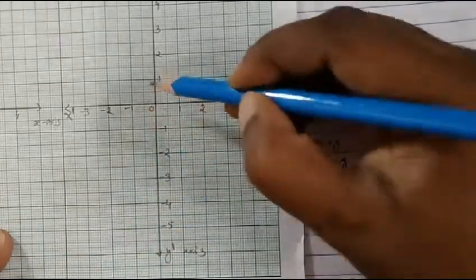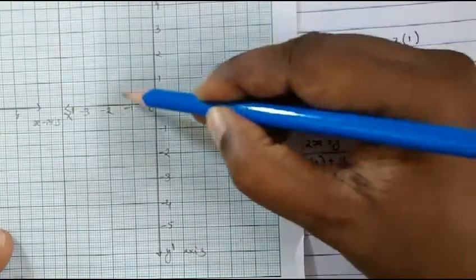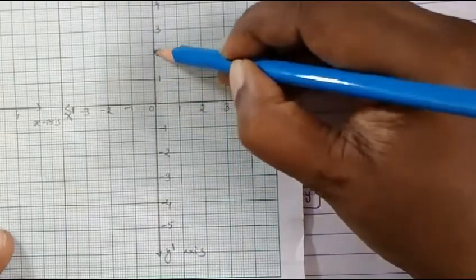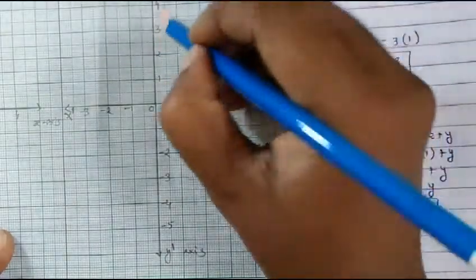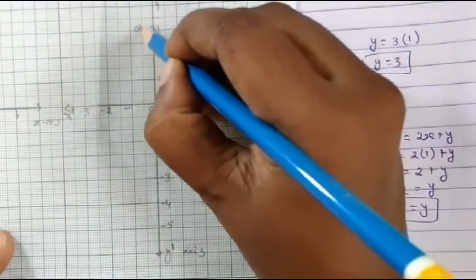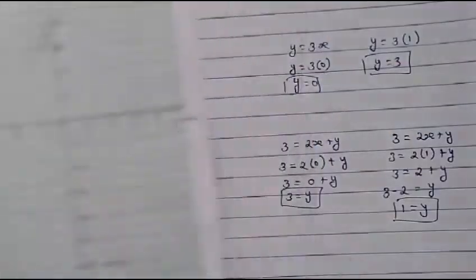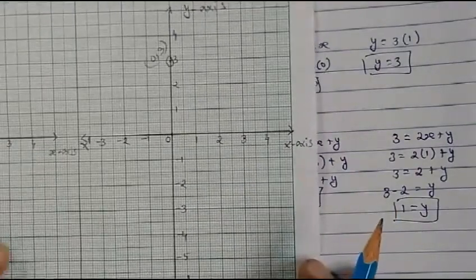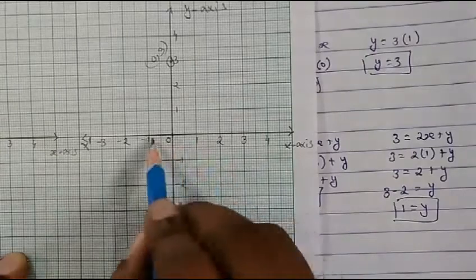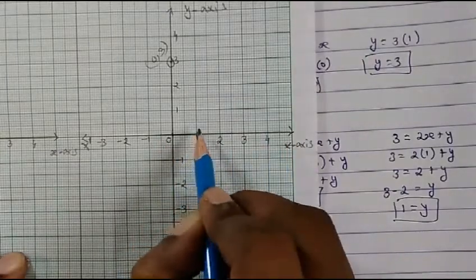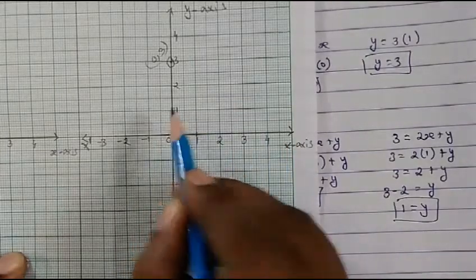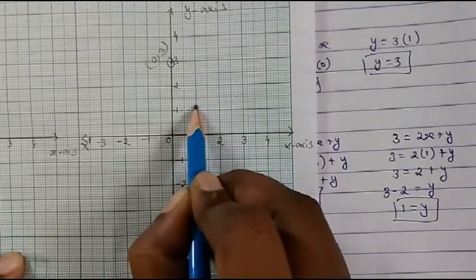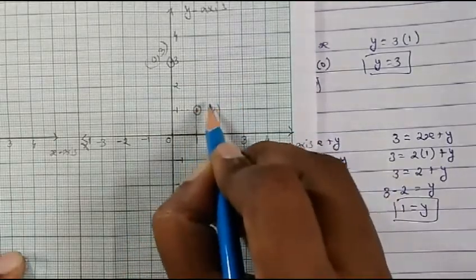From 0 only let's go. For x 0, y is up direction, plus 3, so up we will go. Then 3 is here. So this is our point, 0, 3. Then next 1, 1. For x, 1 is here, and for y, 1 is here. Let the lines come from both sides, and they meet at this point. So this is 1, 1.